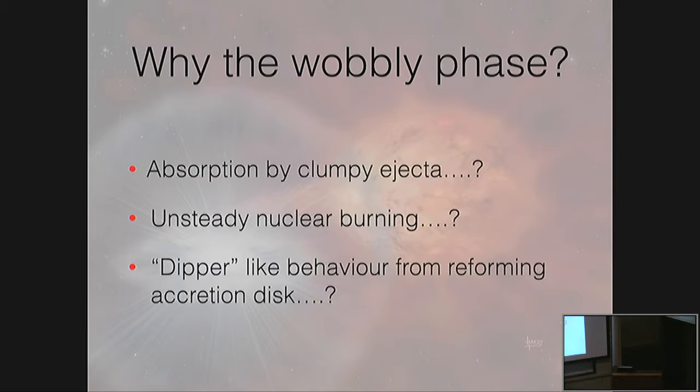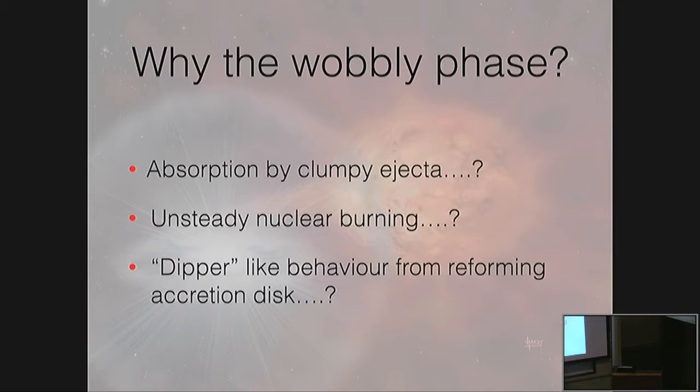Maybe it's something like that. Bizarre things going on, like photon bubbles forming, and the layer becomes porous, and it's not a uniform sort of emitting layer.